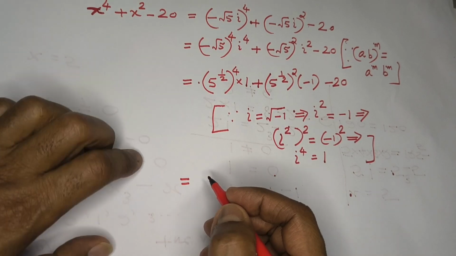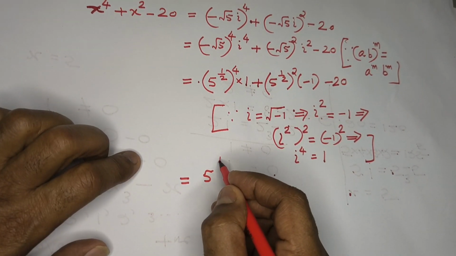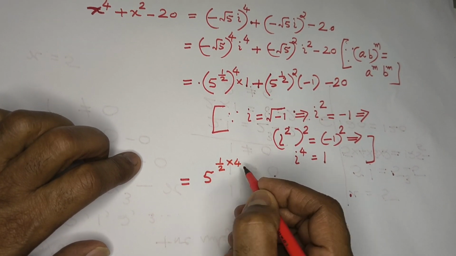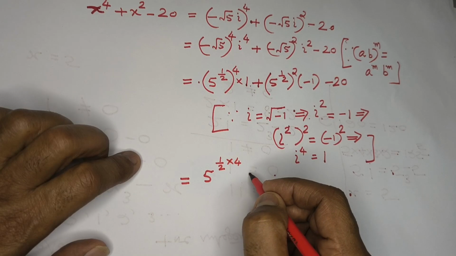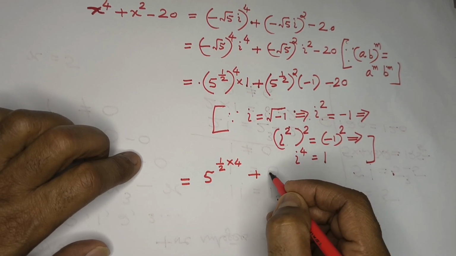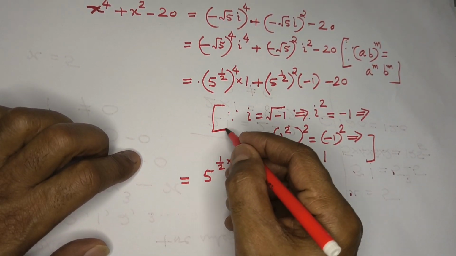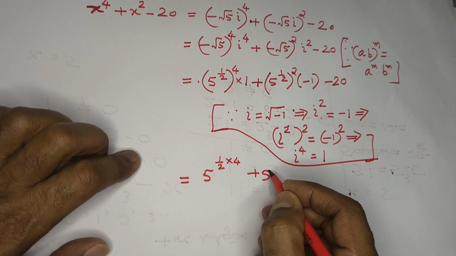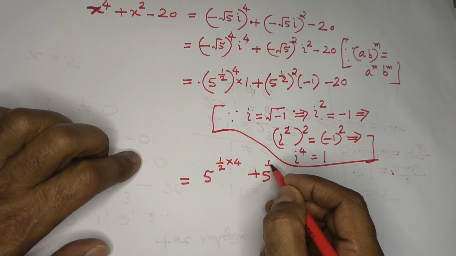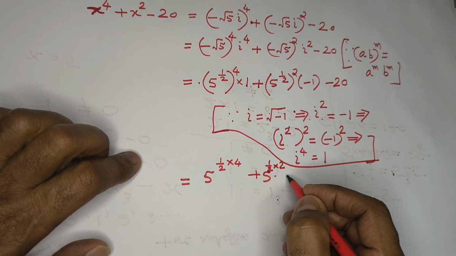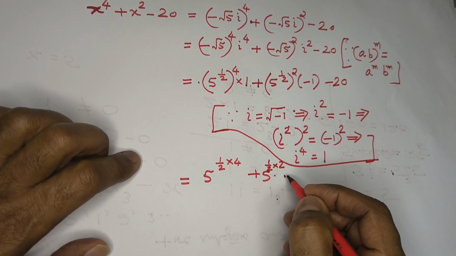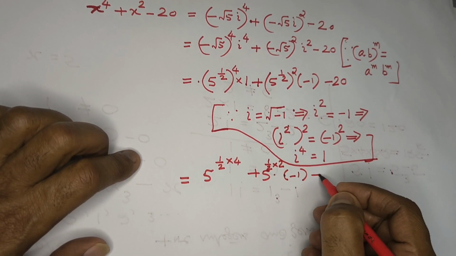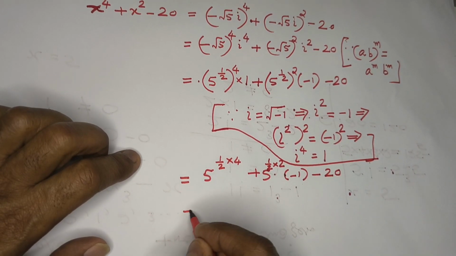This will be 5 power 1 by 2 into 4 into 1, plus 5 power 1 by 2 into 2, and then there is a minus sign, minus 20.